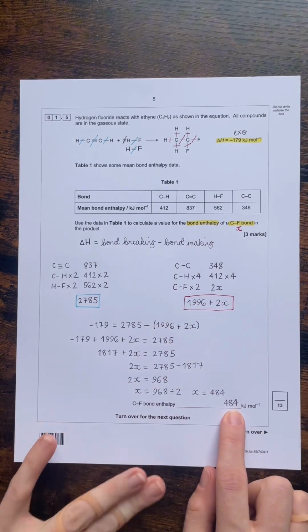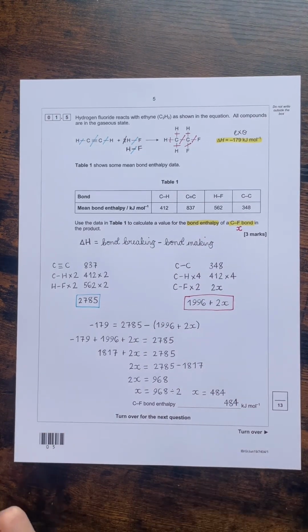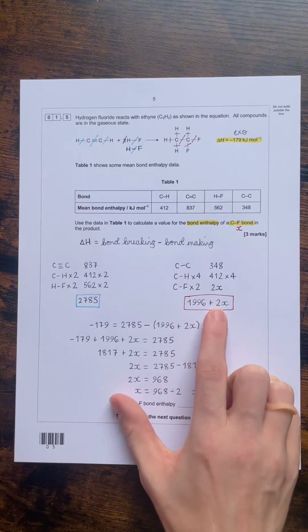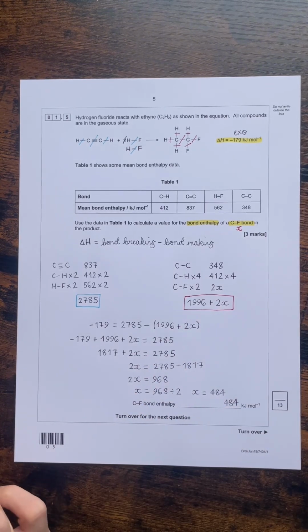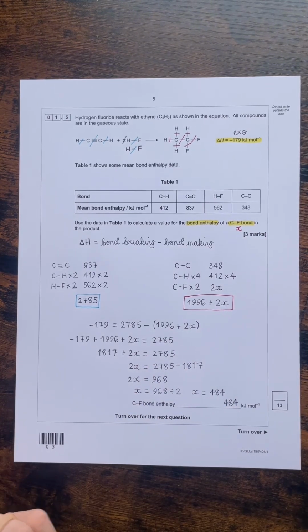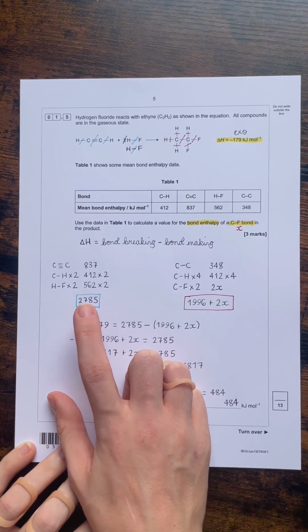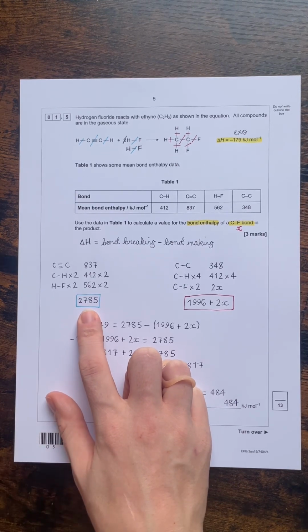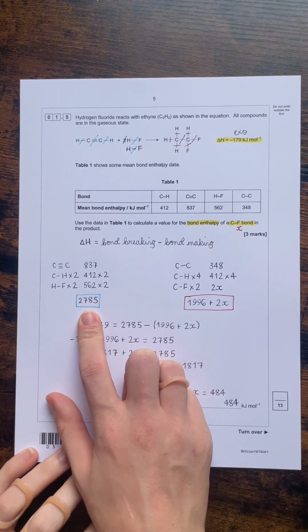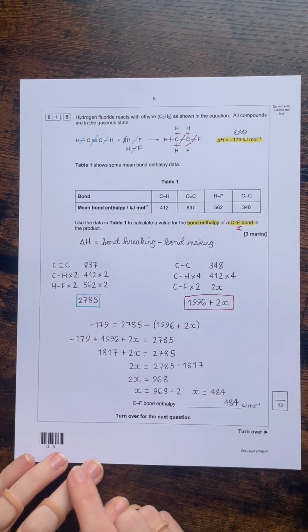So if we then show that for this particular example, 1996 plus 2 times 484 gives me 2,964. 2,964 is bigger than 2,785, which is going to make delta H negative.